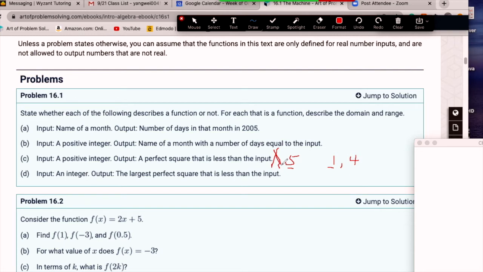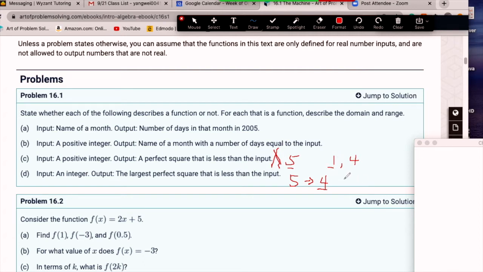Now let's see D. Input is an integer. Output, the largest perfect square that is less than that input. Okay? So now if you input 5, this y cannot respond to these two numbers. This y should equal 4. Because it is less than 5, and the largest perfect square number is 4. 1 is less than 4, so we cannot count 1.